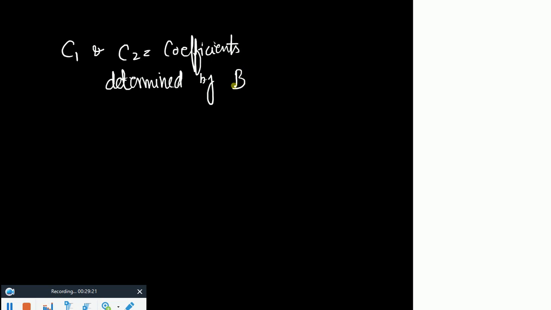Now C1 and C2, they are what? Coefficients, and those two coefficients are to be determined by boundary conditions. Right? So T(x) is C1x plus C2.